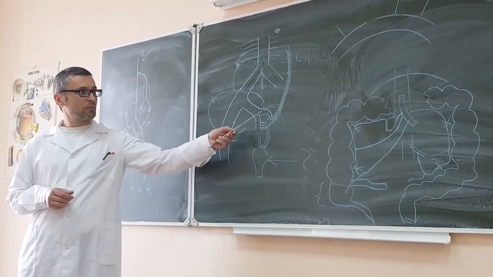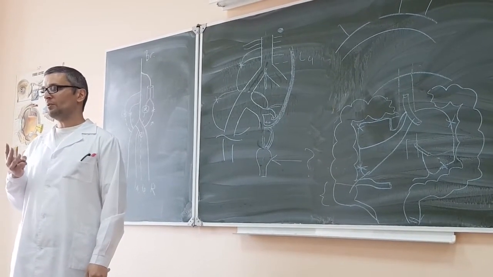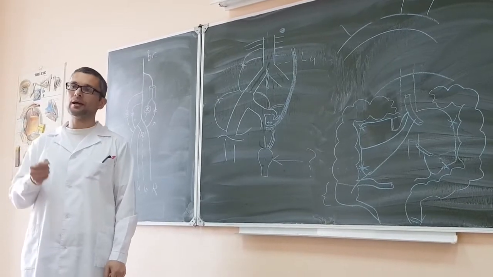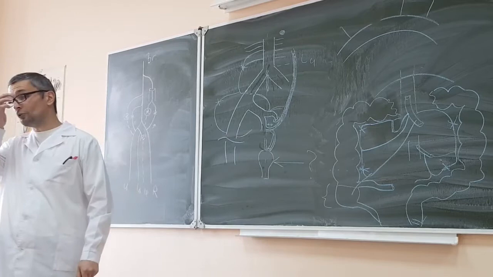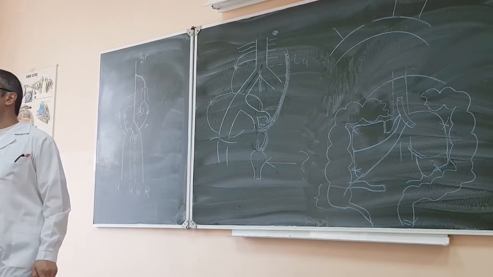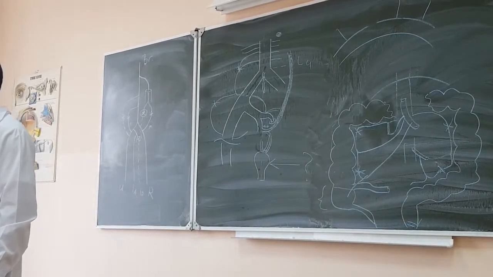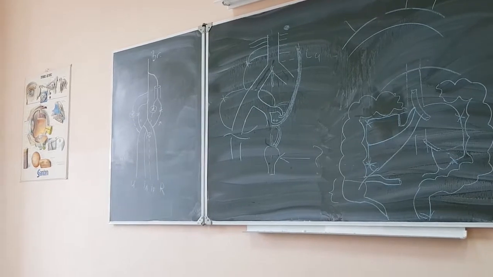The posterior trunk gives off just three branches, but one of them is the largest branch of the true pelvis, which is called arteria glutea superior, the superior gluteal artery. What does it supply? Gluteal muscles. Gluteal muscles are the largest structures in the region of the pelvis.